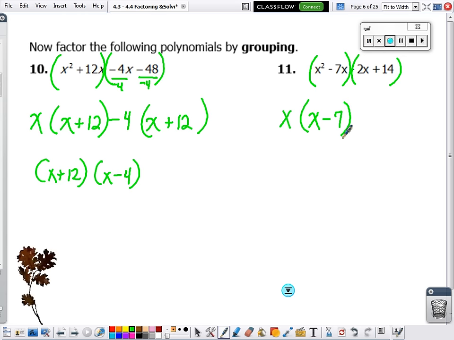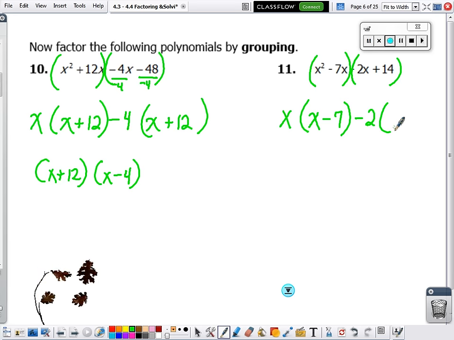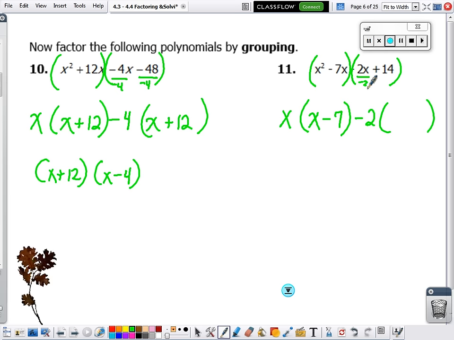The second set, notice the negative 2x. It is negative. So we're going to have to pull out a negative 2. Keep in mind, when you pull out that negative, the sign must change. So negative 2x divided by negative 2 is x. 14 divided by negative 2 is negative 7.